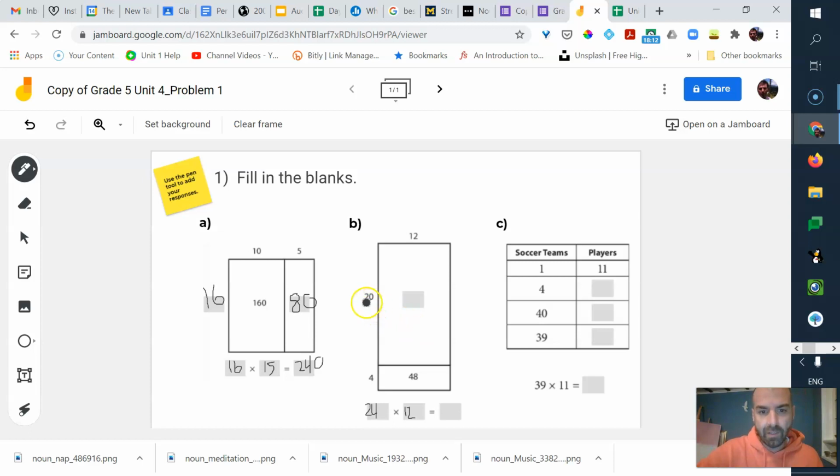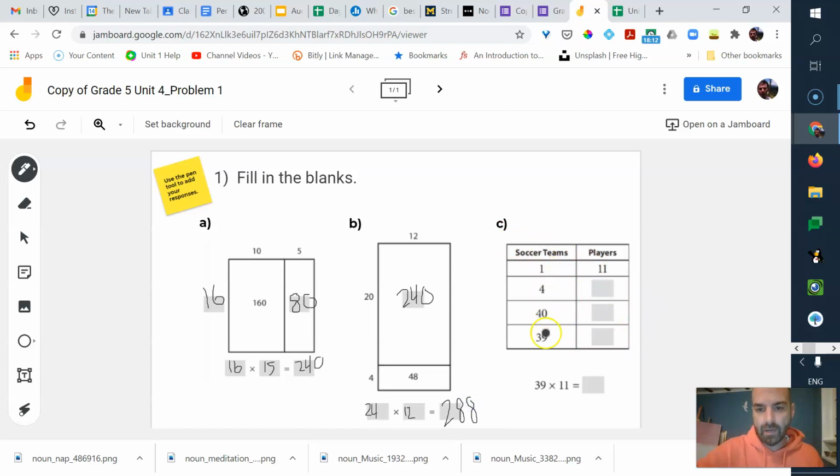Or I could think of 2 times 12 is 24, and then I have another 10 to go. So that's 240 again. And those two things together, 240 plus 48, I can kind of just do that, 288.